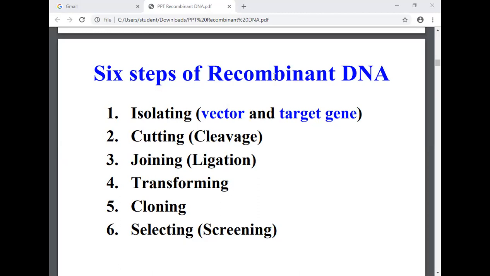Then when we get the exact copies of the target and vector genes, we ligate them by joining their ends and making bonds with each other. Thymine will bond with which specific base? Adenine, that's great.